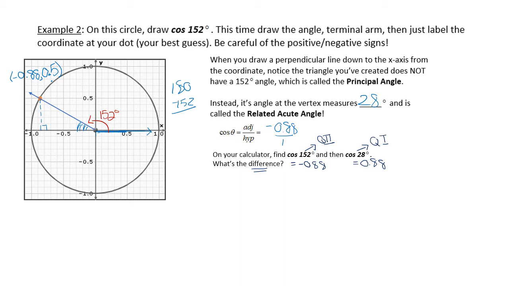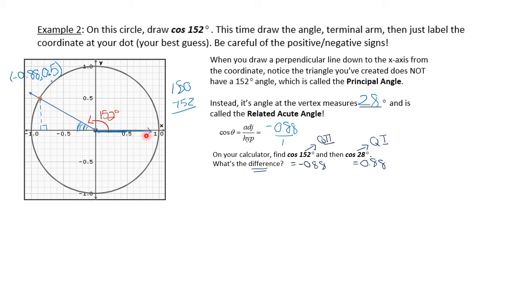Your calculator says, okay, quadrant 1, it's positive. Remember, all x values are positive in quadrant 1, whereas cos of 152 is in quadrant 2, and x values are negative there.